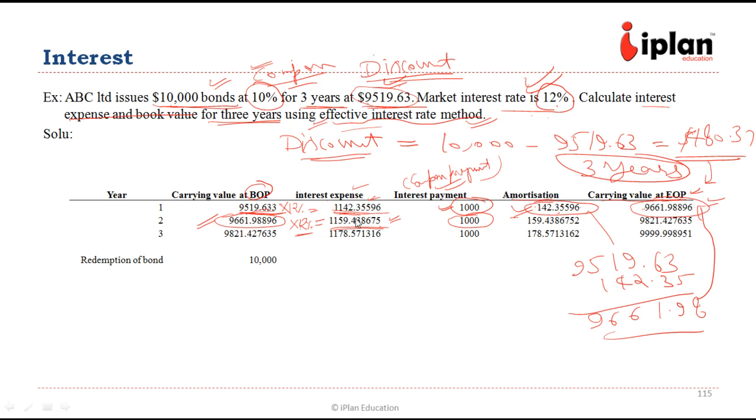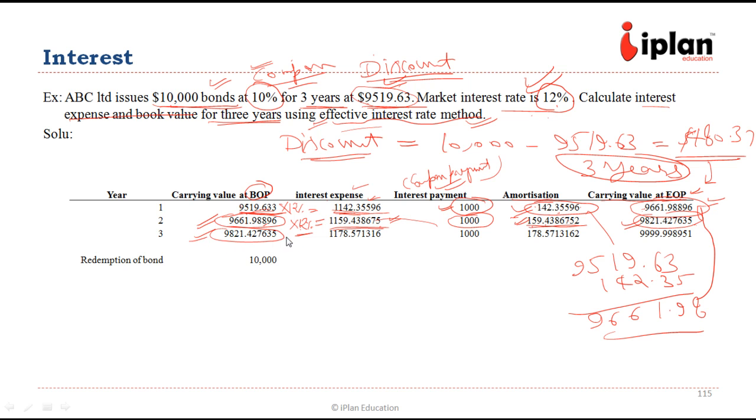So the difference between these two is 159.43. So this is the figure that has to be amortized or added to our liability, which was at the beginning of the period. So again, 9661.98 plus 159 is 9821.42. This is the carrying value at end of second year and beginning of third year.